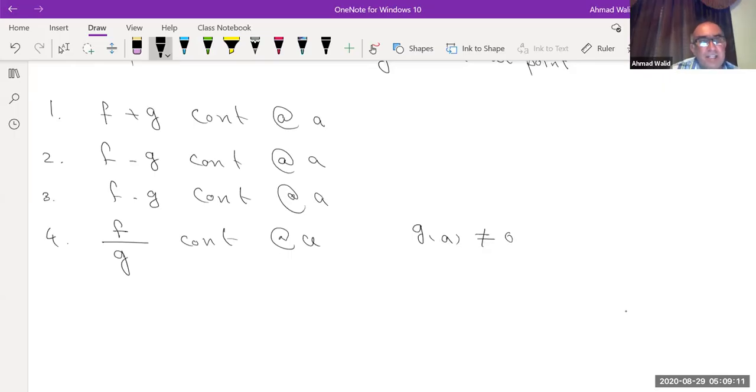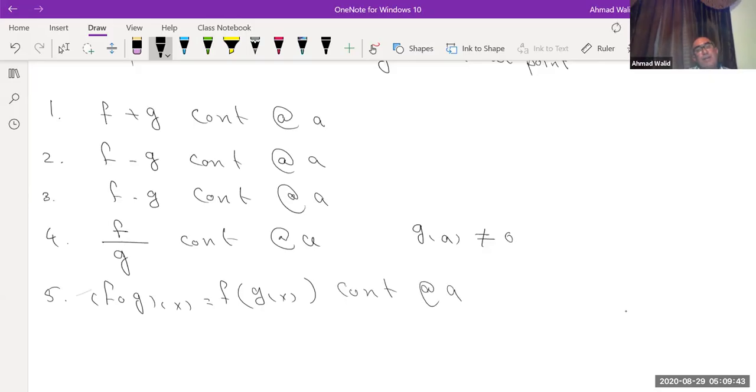Number 5 says f of g of x, which equals f of g(x), can also be continuous at point A. Because f and g are continuous, then f of g is also continuous. Composite function, right? We practiced this before.